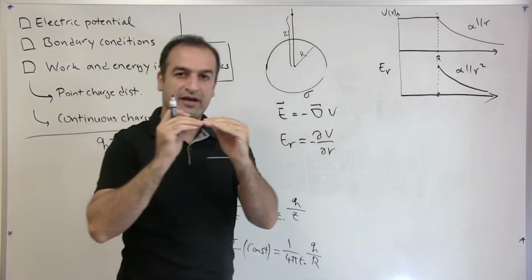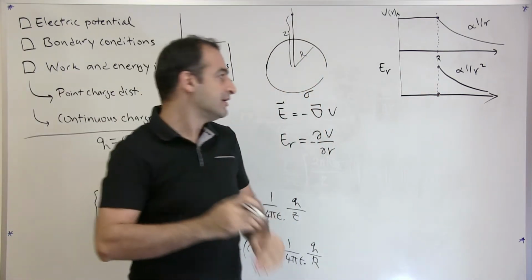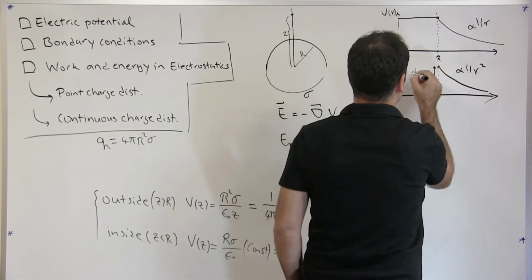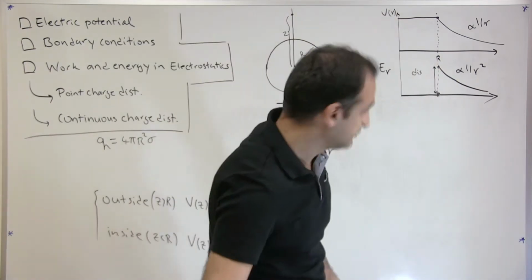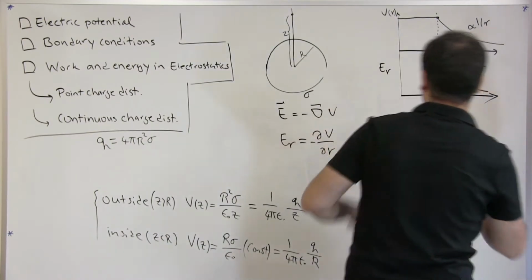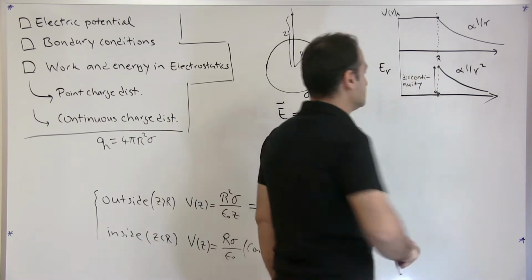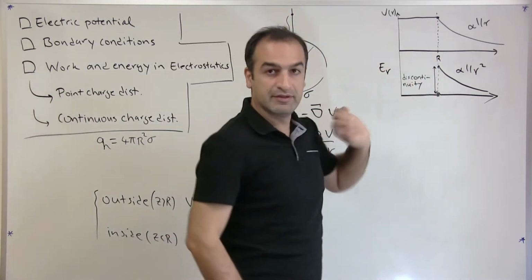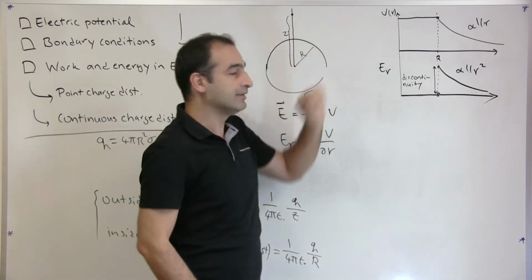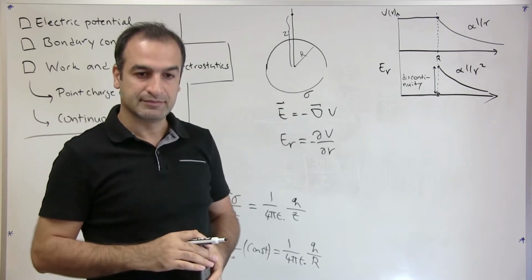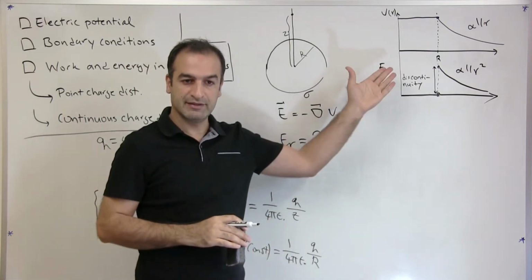As soon as you move tiny bit outside, you have some positive electric field. So here you have this much of discontinuity. Okay, so you have discontinuity in electric field, but no discontinuity in electric potential. Okay, sounds good? Is it clear what we are discussing here?